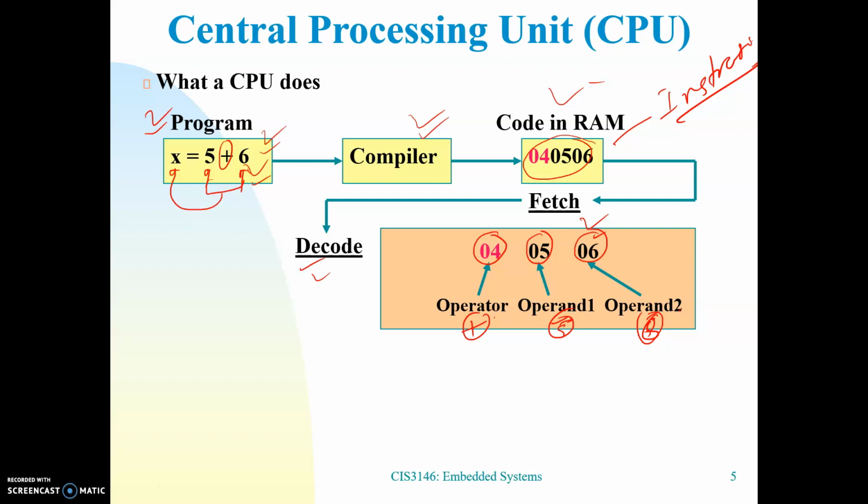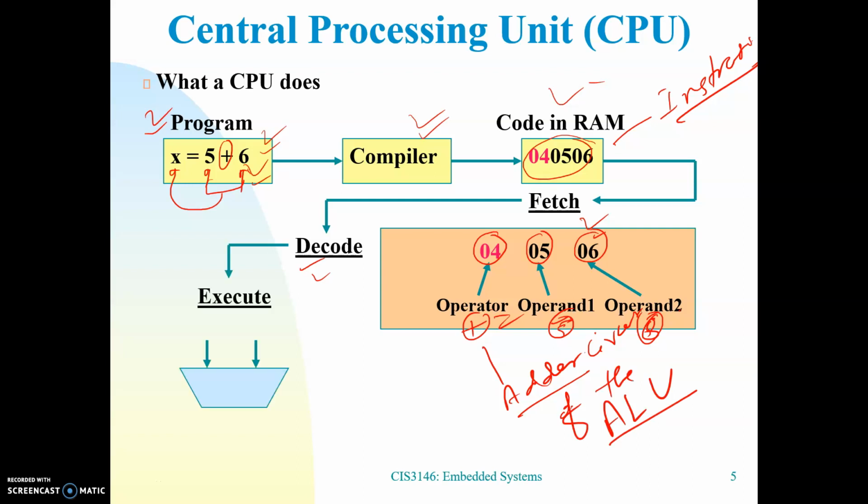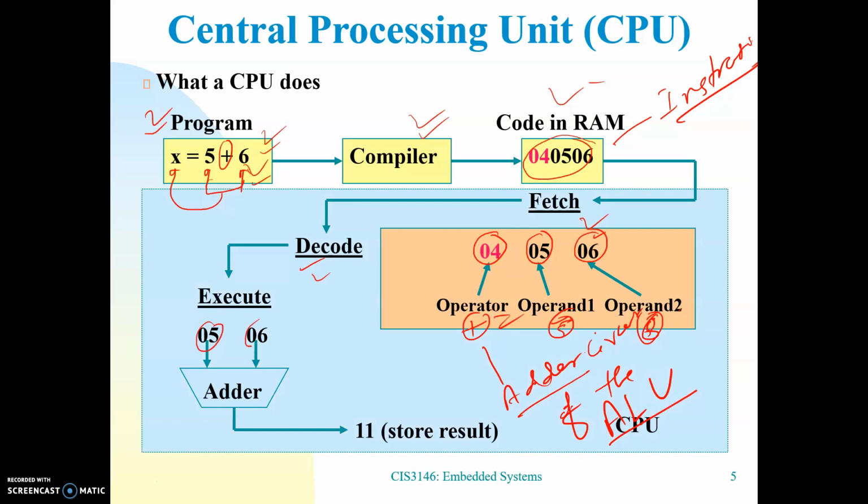We want to perform a sum, so we'll use the adder circuit of the arithmetic logic unit. So it will get executed with 05, 06. You use the adder circuit, and after performing the addition, we get the result 11. Store the result in a register. So this is how the central processing unit works for completing the execution of any program.